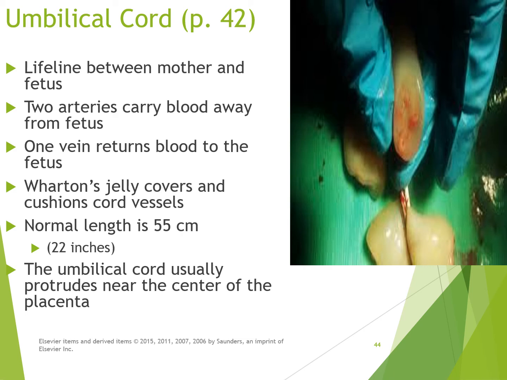How the cord is inserted into the placenta means something. There are all kinds of different terms for that. But the main thing we need to learn right now is that it's the lifeline between the mother and the fetus. Two arteries carry blood away, remember, away from the fetus. One vein returns the blood to the fetus.